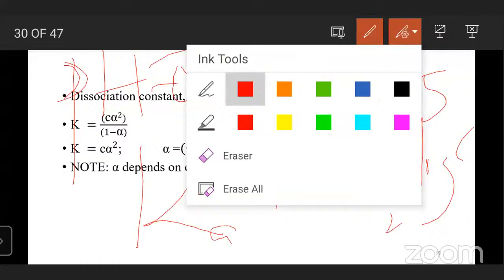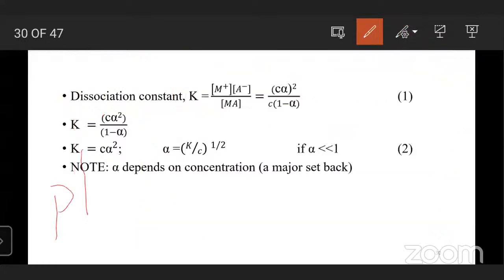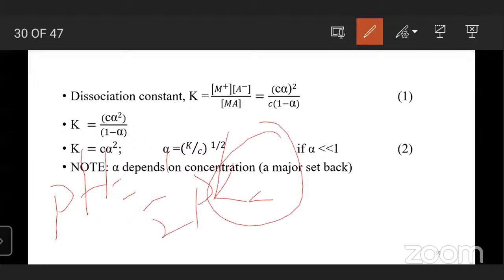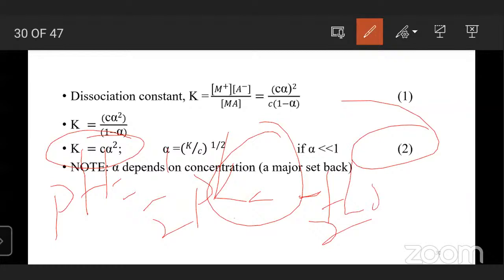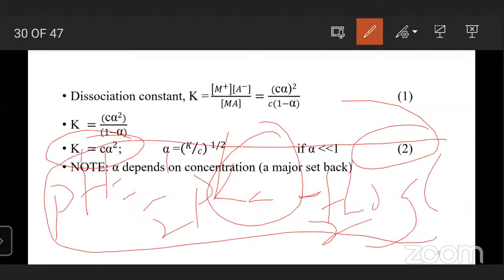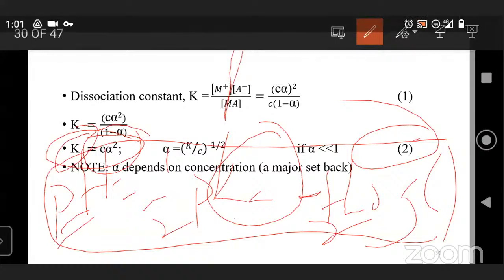So you can now use this expression, pH equals half of pKa, noting that you have already calculated your Ka from this equation 2, minus half of log to base 10 of C. So you can use this expression to calculate the pH of a weak electrolyte when you are given the degree of dissociation, and you will have calculated your K from this equation 2. I think I've been able to attend to your question.